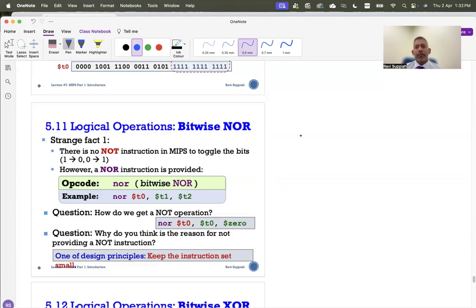Let me give you a very simple example. Let's say T0 is 10101111, and I take the 0 register, which is all zeros, and I perform a NOR operation. Now, what is a NOR operation?